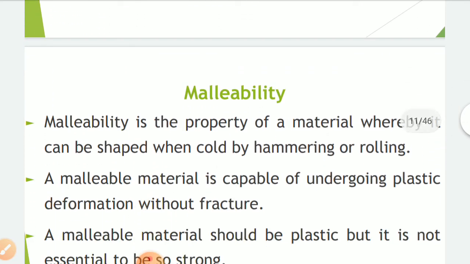Malleability is the property of a material by which we can cold work it. The amount of cold working a particular material allows is called its malleability property. The higher the malleability of a material, the more you can cold work it. So a malleable material is capable of undergoing more plastic deformation without fracture.